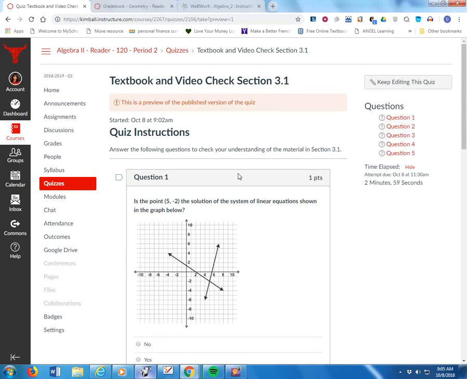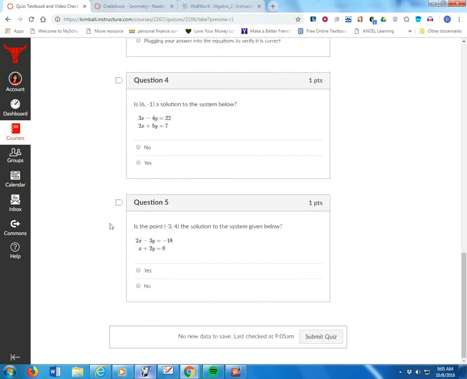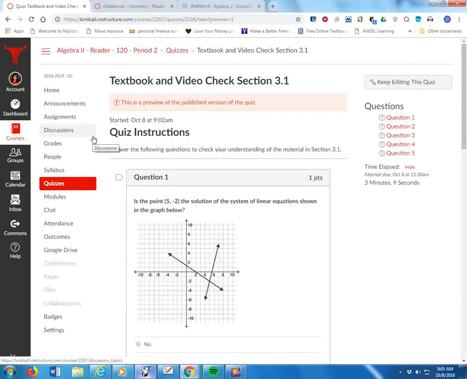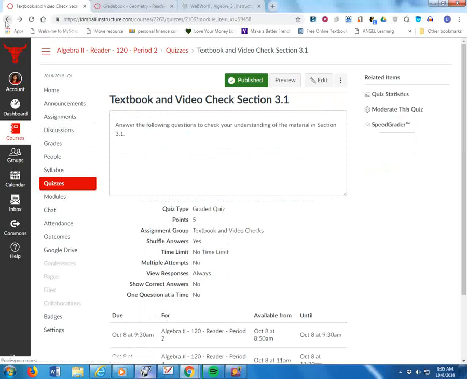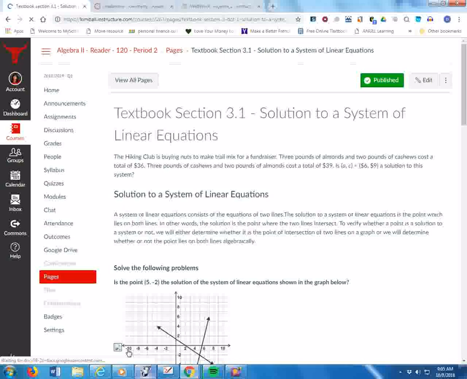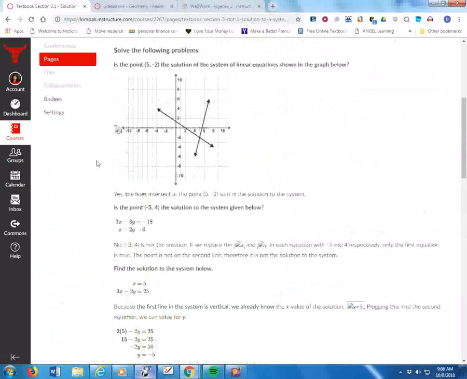Solving graphically. And I'm going to go back here and make sure I'm right on the... Yeah. So it went through in this section.